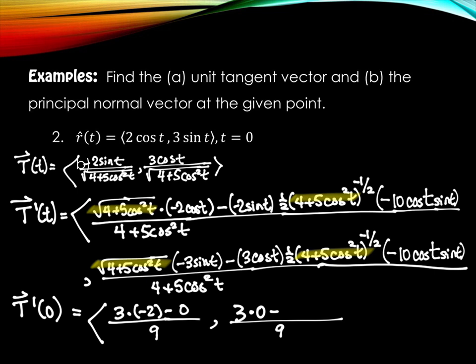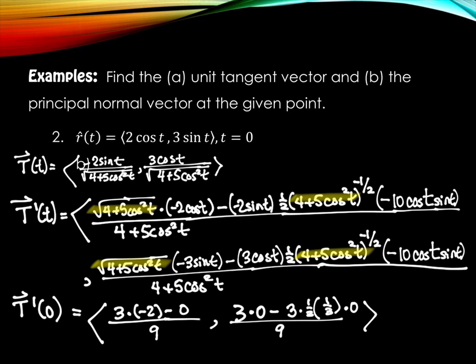So we have on the second one, this 3 cosine 0, that's going to be 3. This 1/2 is going to stay. This piece right here is going to be 3, but it's going to be in the denominator, right? Because it's got a negative power. So this is 1/3. But what happens over here? That's my 0. So the entire numerator of the second piece is going to be 0.